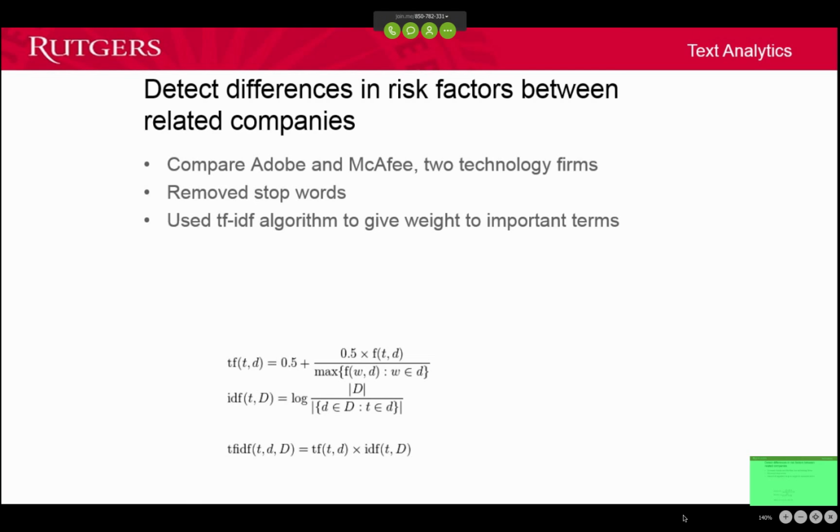Well, not really. That's why we have this other term, the inverse document frequency, which says if there's a word that's there a lot, yeah, it's important, like Rutgers. But if it's also present in a lot of different documents, it's actually less important.